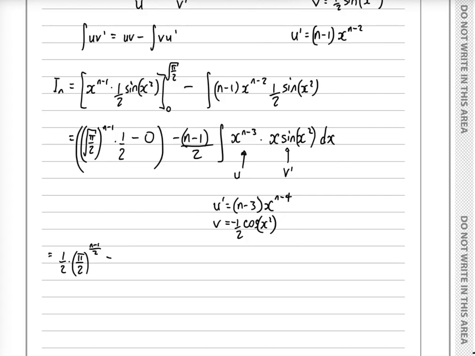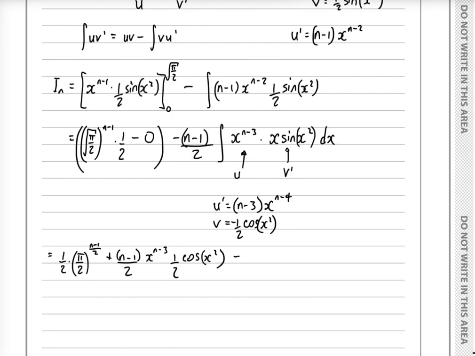Then we have minus n minus 1 over 2 times by uv from the integration by parts formula. U is x to the n minus 3, and v is minus a half cos x squared.